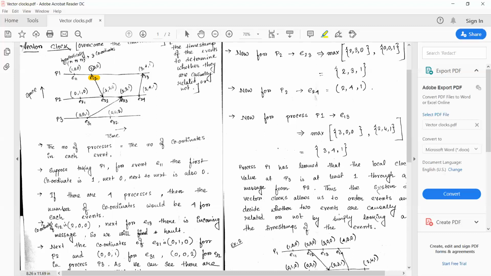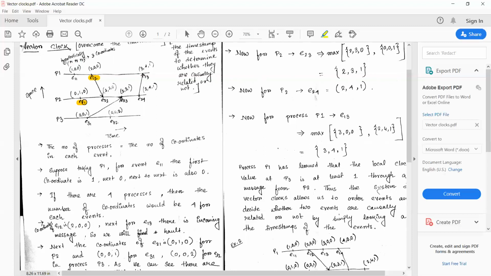But the value of P1 will change, because as per the previous rule, E11 happened before E12. So whenever we are finding the value of E12, the value of P1 will be 1 plus d, and by default the value of d is 1. So 1 plus 1, that is 2.